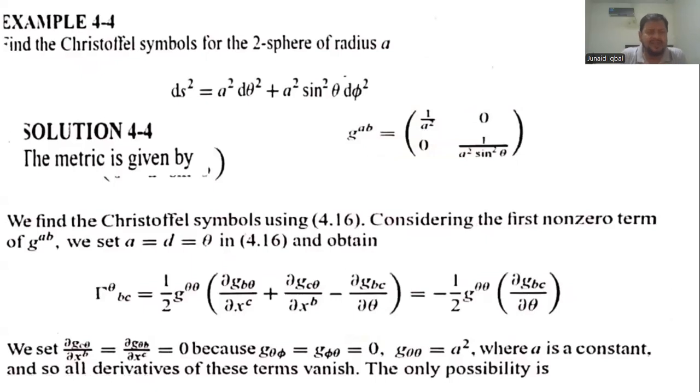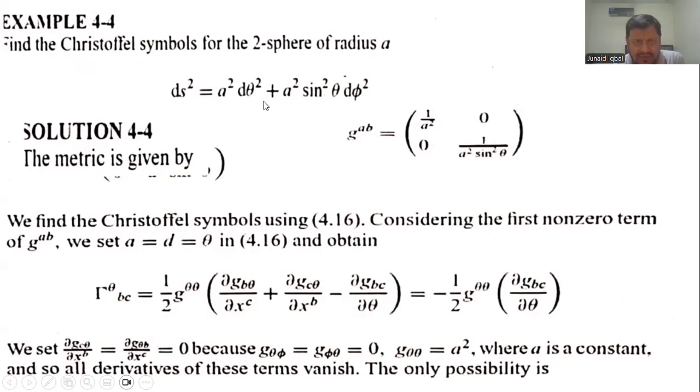So this is a very important example: how to compute Christoffel symbols for a 2-dimensional sphere of radius a. The ds squared is equal to a squared d theta squared plus a squared sine squared theta d phi squared. Here theta and phi are the two coordinates, so the coefficient of d theta squared is a squared. It means g_theta theta is equal to a squared, and g_phi phi is a squared sine squared theta.